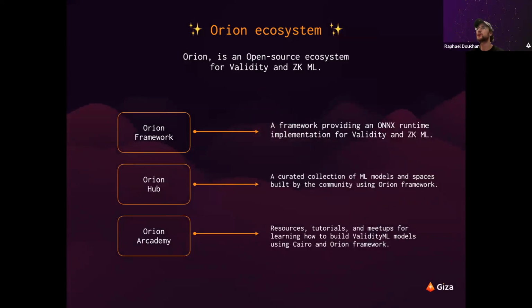The idea is to make a Hugging Face for verifiable machine learning. And Orion Academy is all the resources, tutorials, etc. that we are building with Giza and with Orion. We launched that two and a half months ago, so for the moment there are only two tutorials, but in the future we will have many more resources.